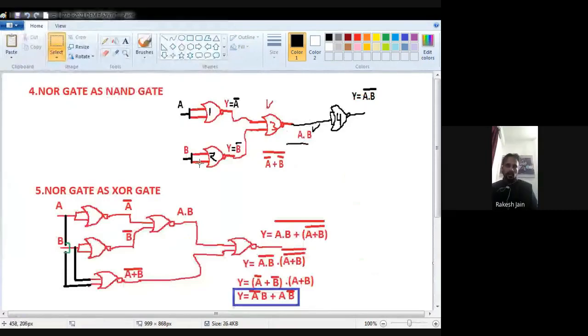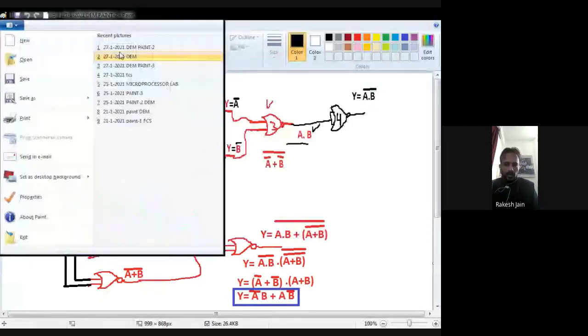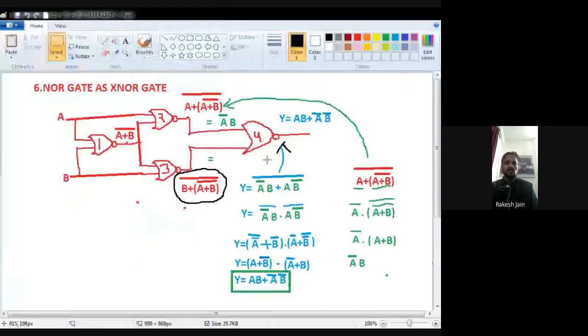To realize an AND gate with the help of NOR gate, we use three NOR gates. In case of NOR gate as a NAND gate, we use 4 NOR gates. Then to realize a XOR gate with the help of NOR gate, we use 5 NOR gates.